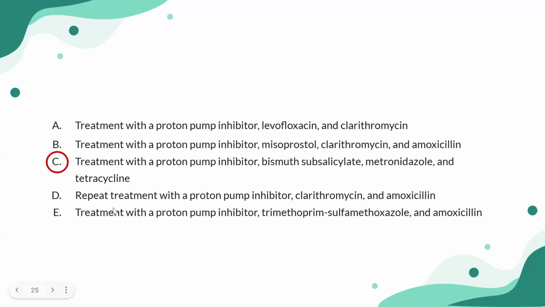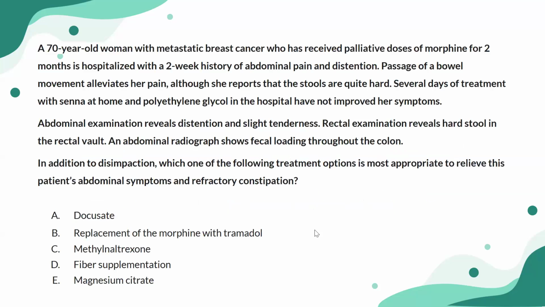We're not going to repeat treatment because it technically did not work the first time. We're not really doing the levofloxacin at this stage. It's more for resistant H. pylori and clarithromycin. We prefer to have amoxicillin in that case. What else? Misoprostol is not part of the quadruple therapy. We're not thinking of that either. So C is the agents of quadruple therapy.